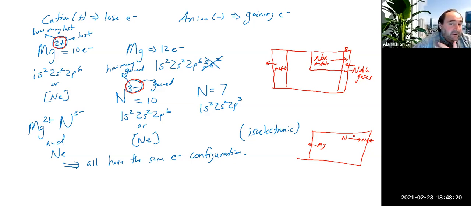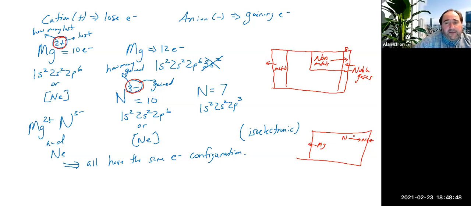Everybody continues to make bonds and wants to make bonds until they reach that noble gas configuration. That's why, if you remember, something like the octet rule, they have 8 valence electrons. That is essentially what everybody's trying to achieve with bonding.